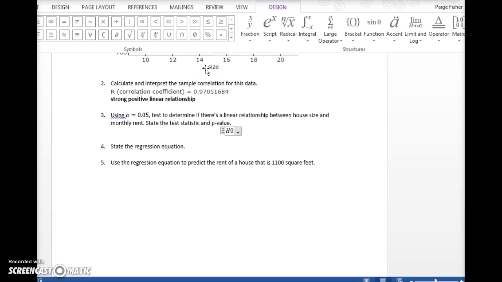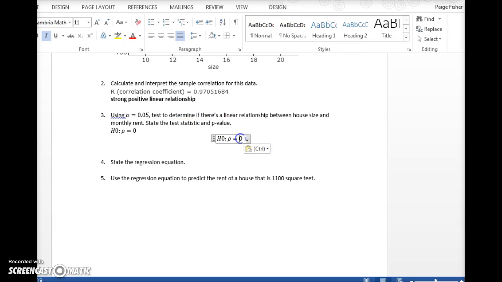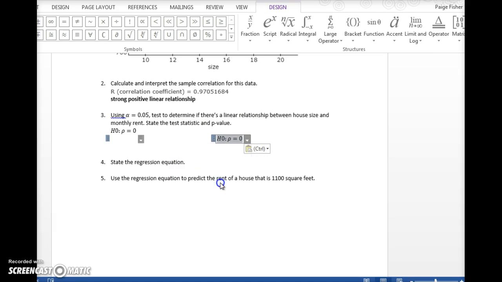H naught is rho equal to 0. And then the alternative is going to be not equal to 0.